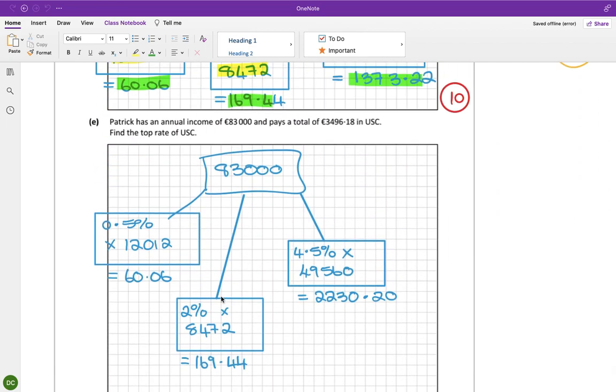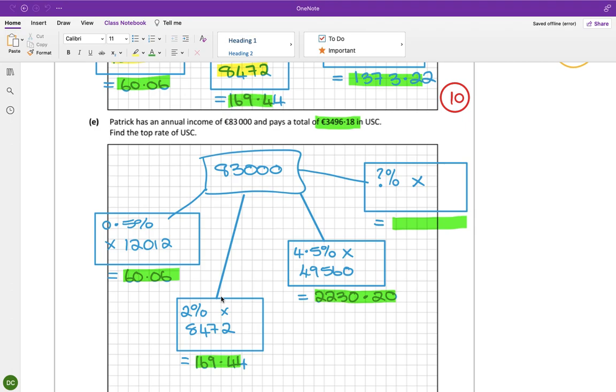And then the last box, which we haven't done yet, is some percentage of some amount of money equals some amount. I'm going to use colours to add these up. So this is USC, this is USC, this is USC, this is USC, and there is the USC total.